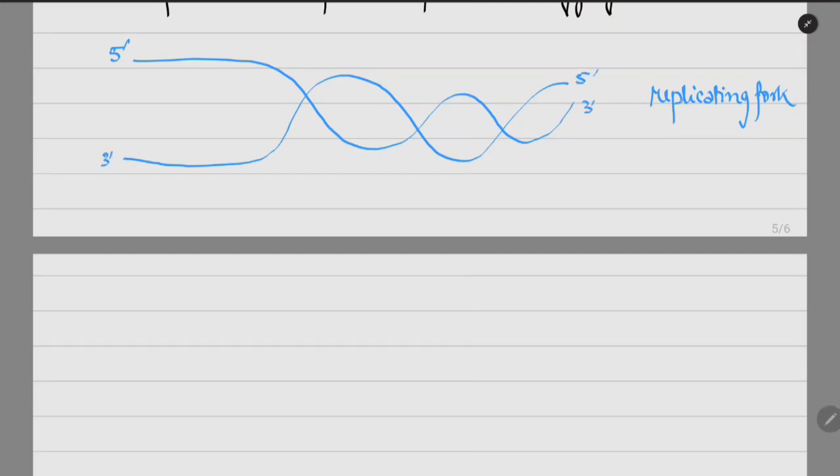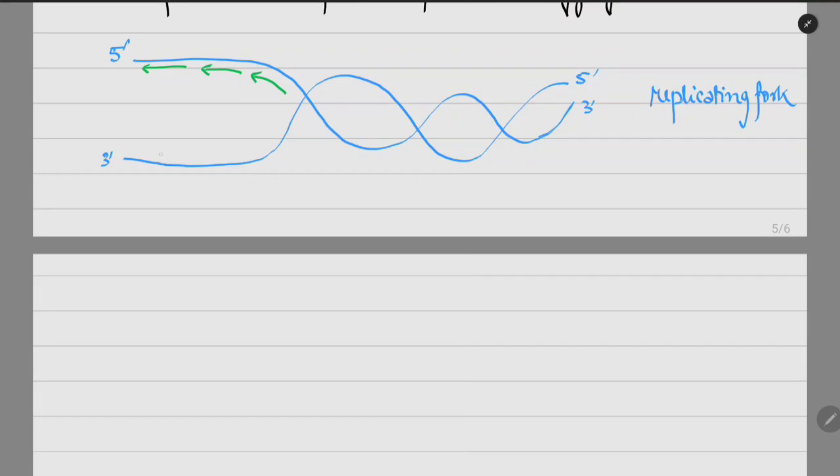Now the Okazaki fragments always form against the rule, that means formation from 3' to 5'. If I take this one as 3' and this one as the 5', the lagging strand will be formed something like this. This one is an Okazaki fragment, this one is another one, this one is another one, and it goes on. But the leading strand is always forming between the 5' to 3' side.